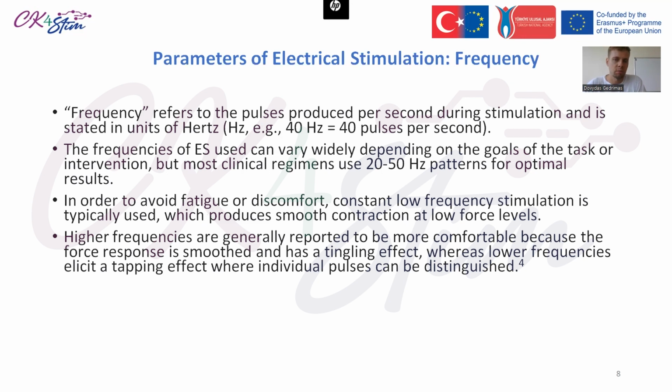In this example, 40 hertz means that there are 40 pulses per second of electrical current. The frequencies of electrical stimulation used can vary widely depending on the goals of the task or intervention, but most clinical regimens use 20 to 50 hertz patterns for optimal results.